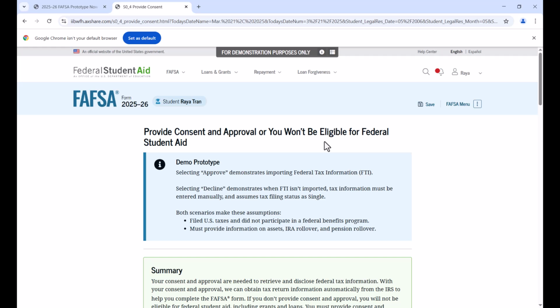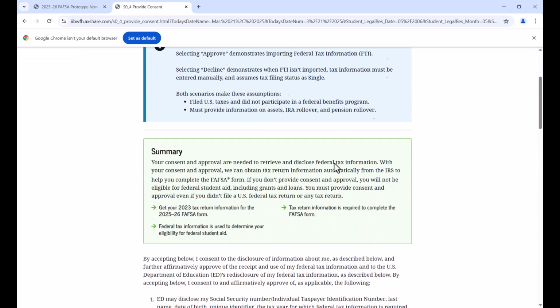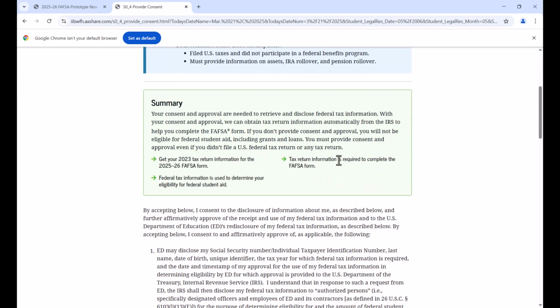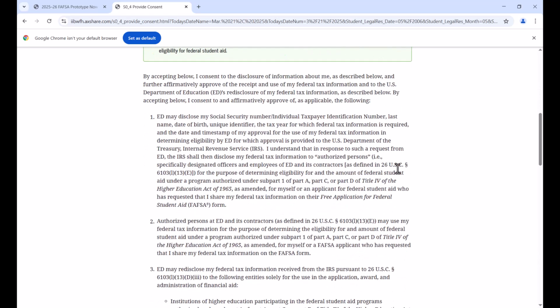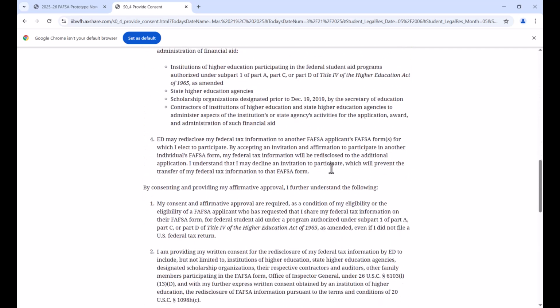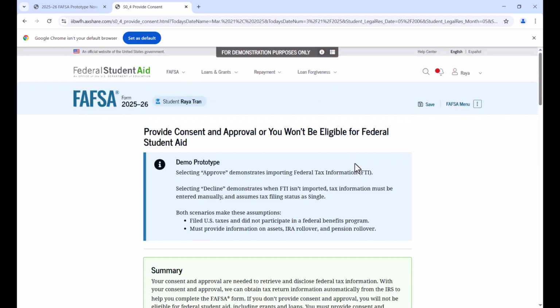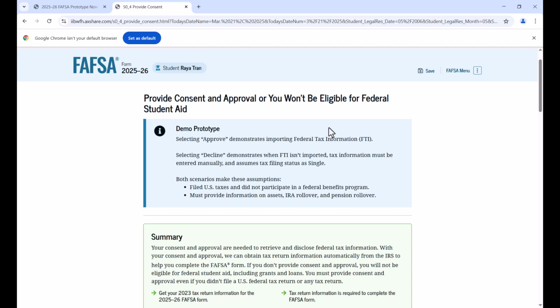All right, that is then going to bring you to the Provide Consent and Approval page. This is one of, if not the most important pages on the FAFSA application. Because of this statement here, if you do not provide consent and approval, you will not be eligible for federal student aid.